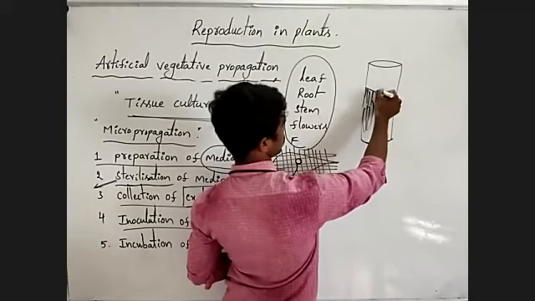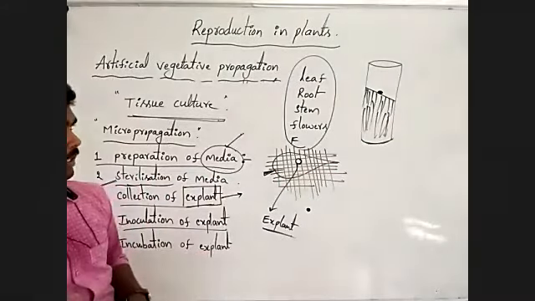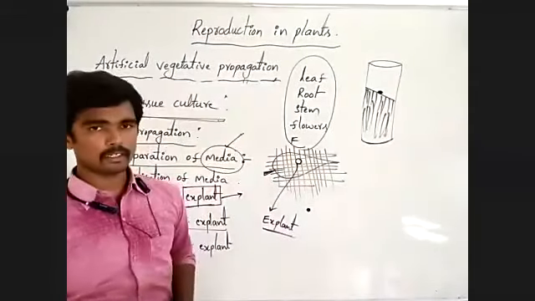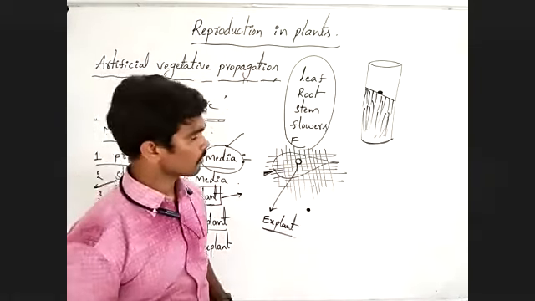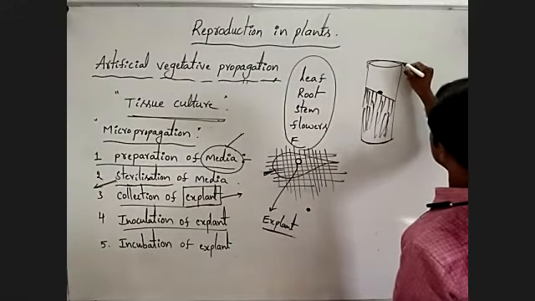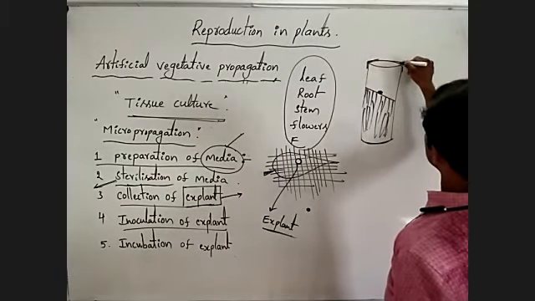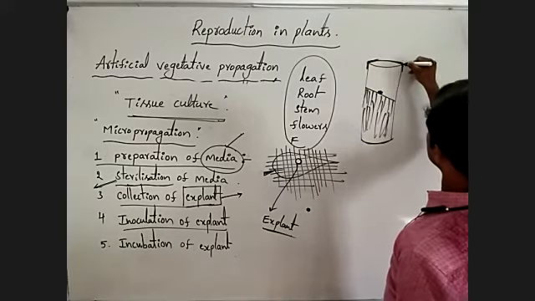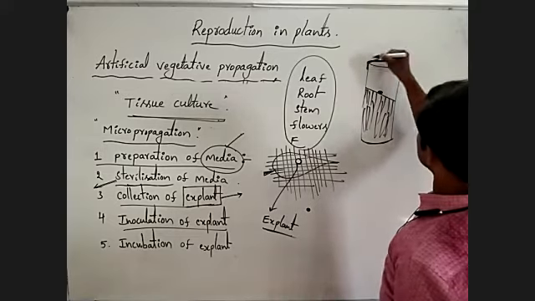You have to inoculate the explant on the culture media by using the inoculation loop. Then you have to cover the mouth of the test tube by using a metal coil or any other one.